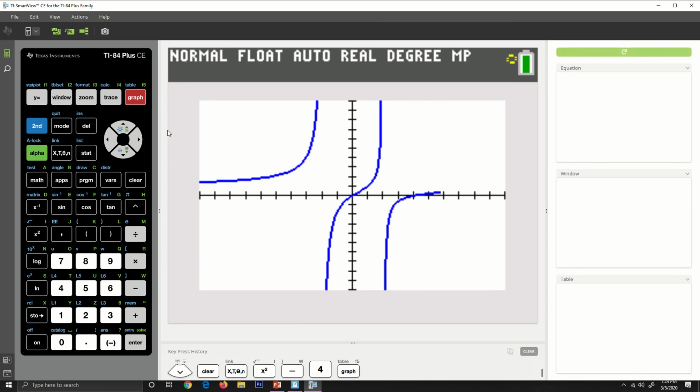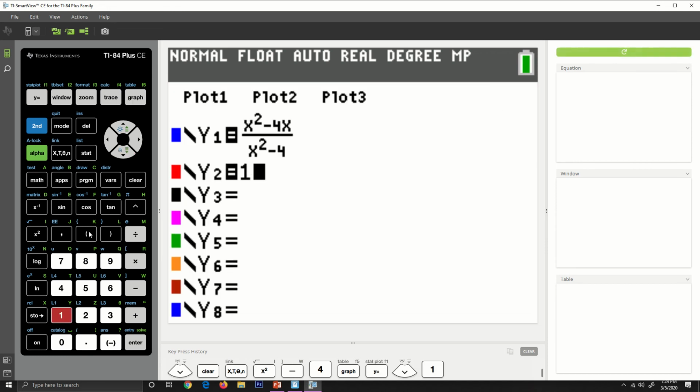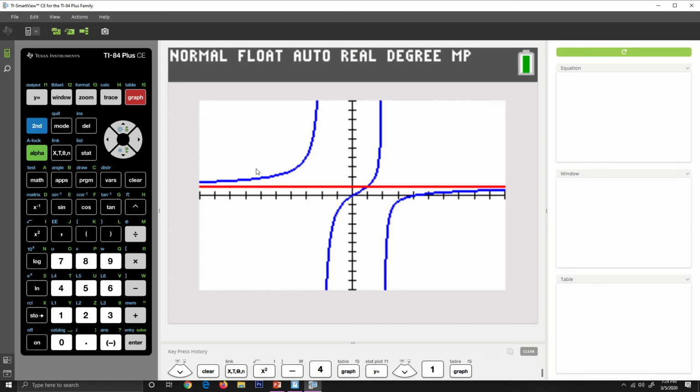And when we look at the graph of that, notice at -2 and at +2, I have vertical asymptotes. And then if I go down here to my y equals 1, and I hit graph there, you can see that this function is going to tend to go towards that y equals 1, and this function here is going to tend to go to y equals 1. So that's my horizontal asymptote.